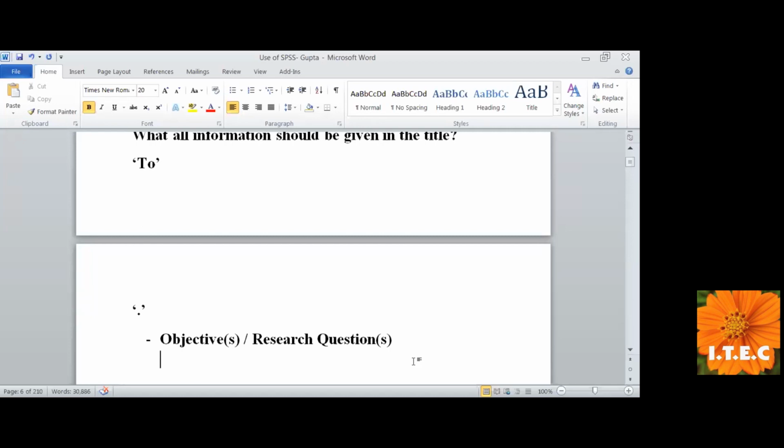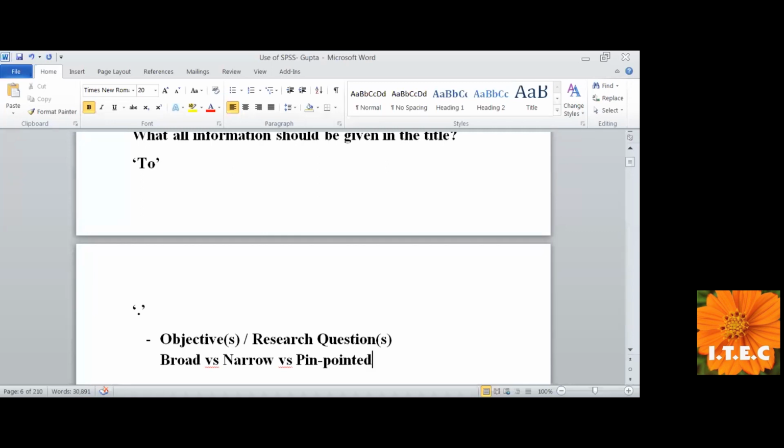Now, when you are writing the objective, should the objective be broad versus narrow versus pinpointed? What do you think?